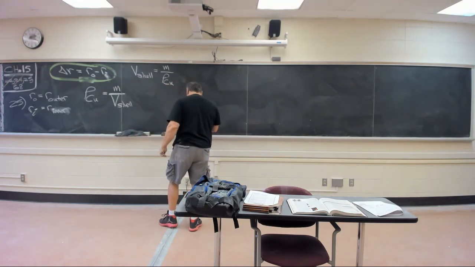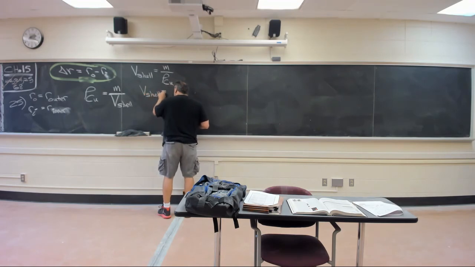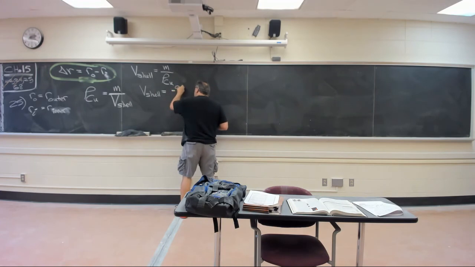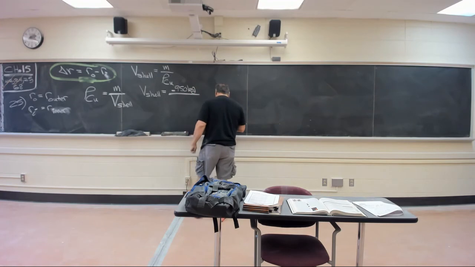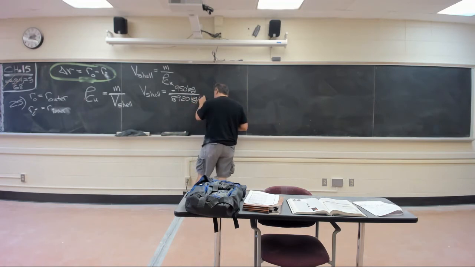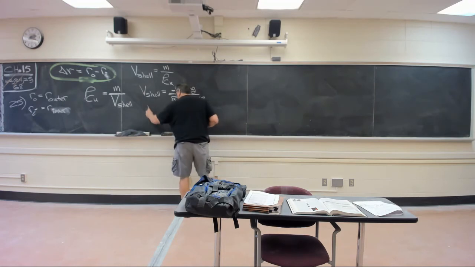V shell, they're telling us the mass of this thing, they told us this, guys: 0.950 kilograms is the mass of the shell. They told us that copper is 8,920 kilograms per every cubic meter. So from there, we're going to find out the volume that got us the 0.950 kilograms. Do the division, you're there.